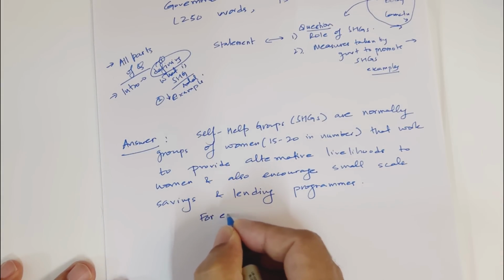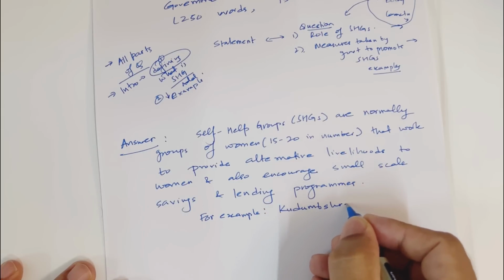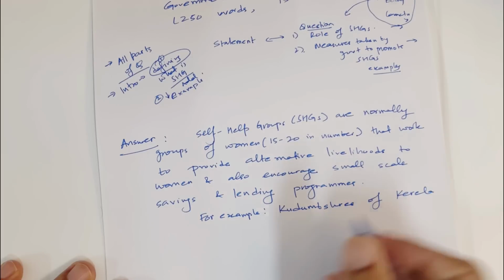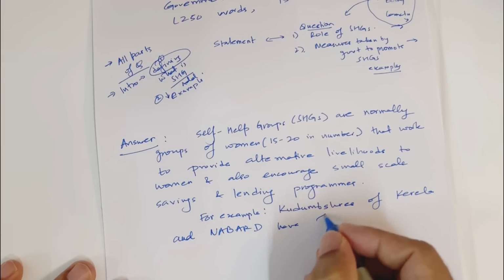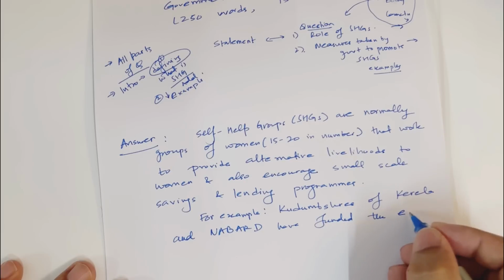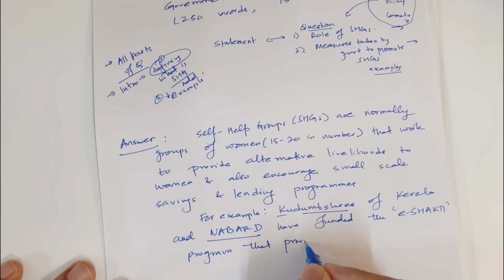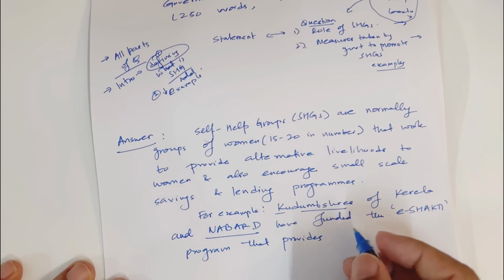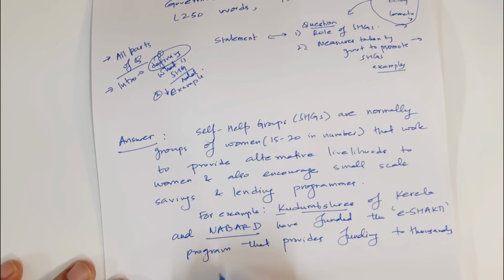For example, Kudumbashri of Kerala and NABARD have funded the E-Shakti program that provides funding to thousands of SHGs in India.